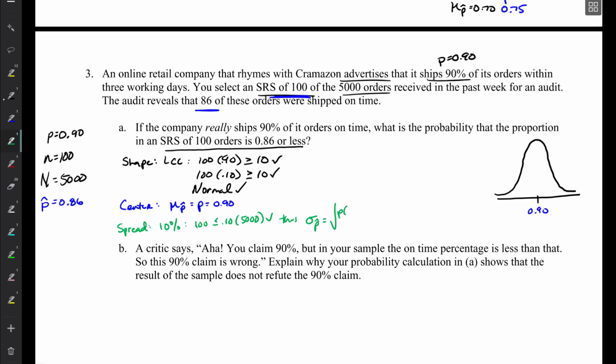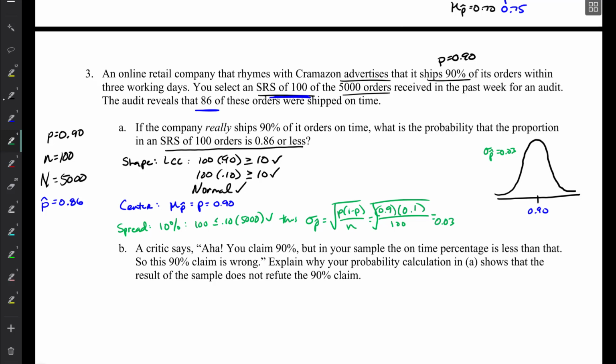I'm in the habit of writing out the formula just in case I goof something up, so I can refer back to it. That's going to be 0.9 for p, 0.1 for 1 minus p, 100 for my sample. I'll go over to a separate calculator and find that the standard deviation is 0.03. And that's my standard deviation of p hat.